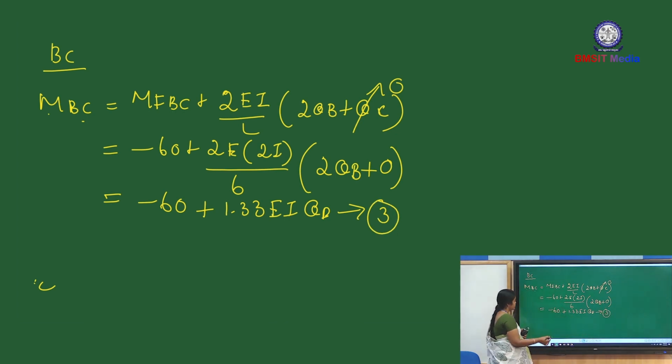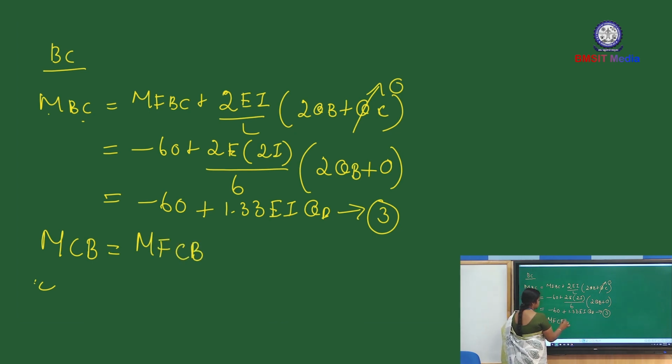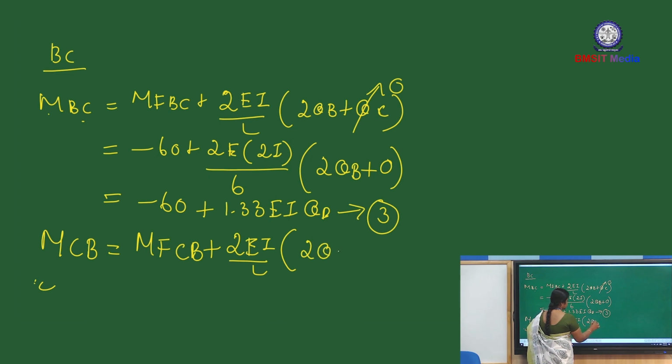So we can write one more equation, MCB at C, that is M of CB plus 2EI divided by L, 2 theta C plus theta B, and C is fixed support, so this term becomes 0.